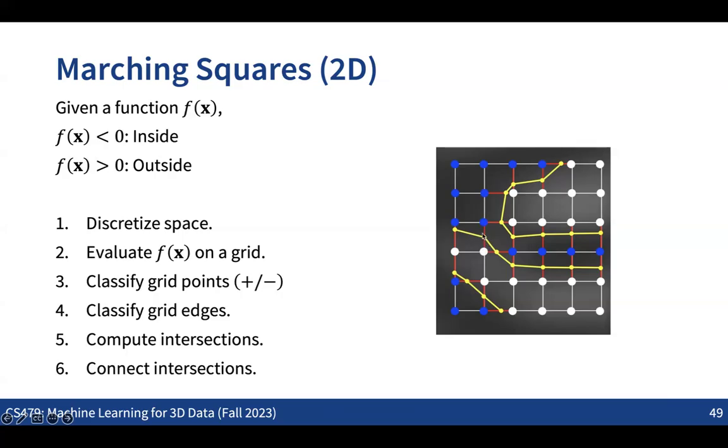So we are finding all the grid edges where one endpoint is inside and the other endpoint is outside. For those edges, we find the intersection point. Once you have all the intersection points, the last task is connecting those intersection points in a way that makes the contour in the 2D case. Makes sense?